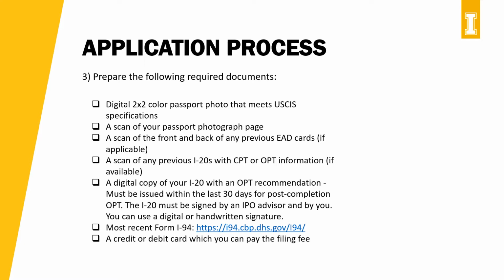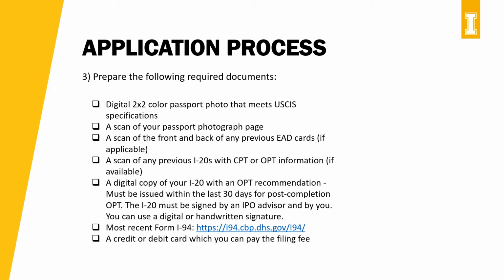You will need a scan of any previous I-20s authorized for CPT or OPT. If you have never been authorized for curricular practical training or CPT or optional practical training OPT, you will not need to include these documents.